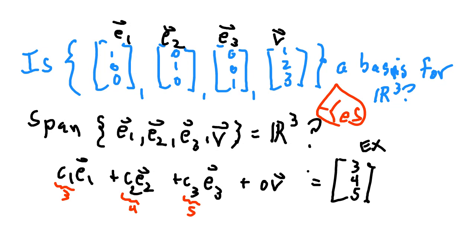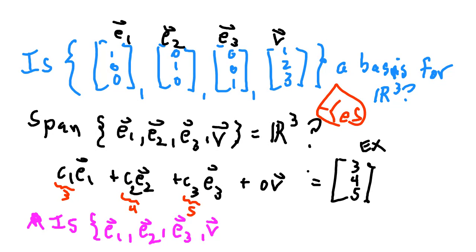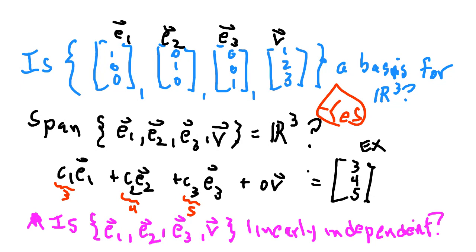But now we have to ask a second question. Is the set of vectors E1, E2, E3, and V linearly independent? Well, let's think about this.